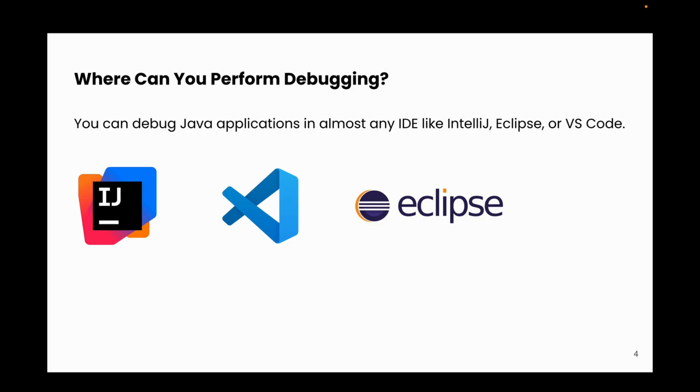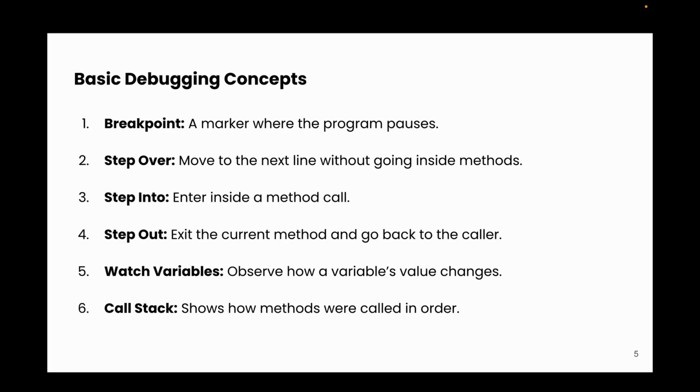Now, where can you perform debugging? You can perform debugging in any IDE that supports your programming language. For now we are considering Java, so we can debug in IntelliJ, VS Code or Eclipse.